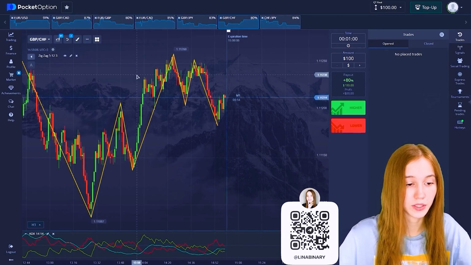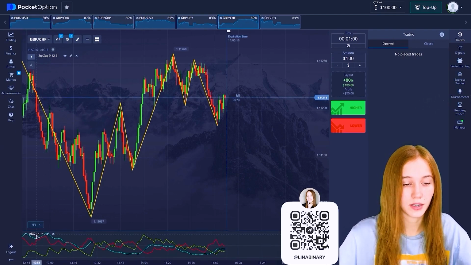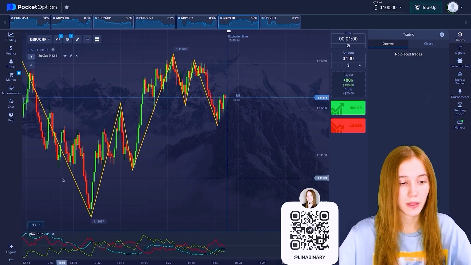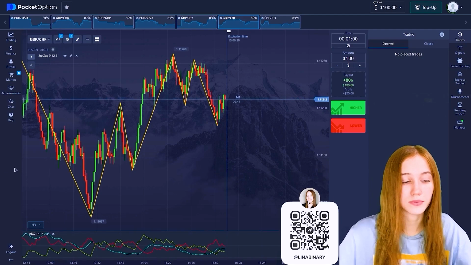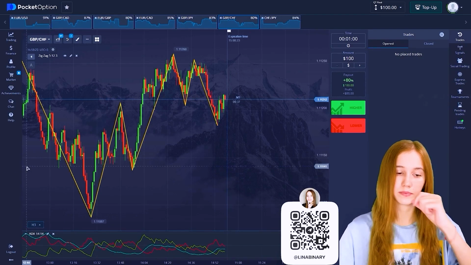Let's see, we will use our analysis and 2 indicators, the ZigZag and ADX. Let me tell you a little about these indicators. I'll tell you the theory first, and then I'll show you in practice.